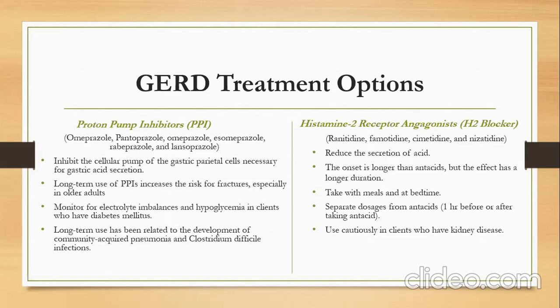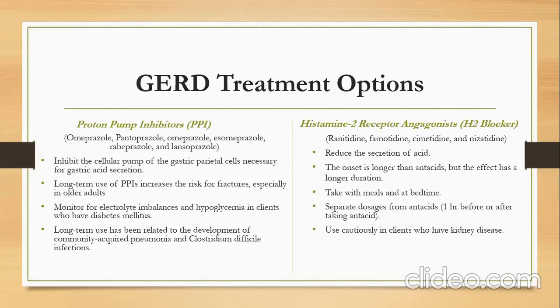So when histamine is secreted, the H2 blockers are going to block the work of the H2 receptor. H2 receptor antagonist. They're going to block what histamine does to the stomach. They're going to block that secretion of acid by blocking the work of histamine.